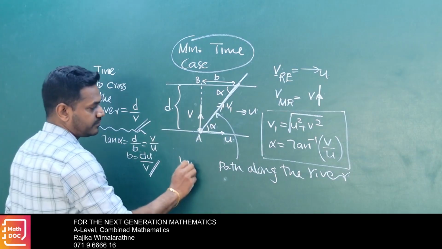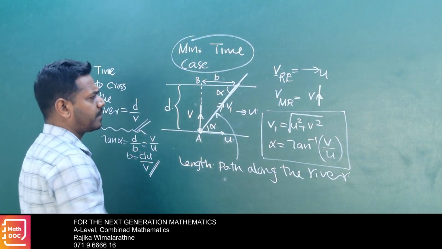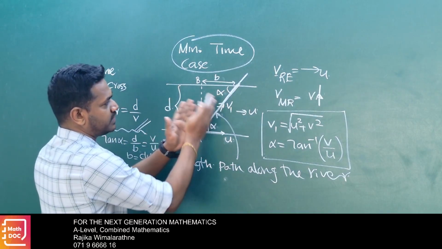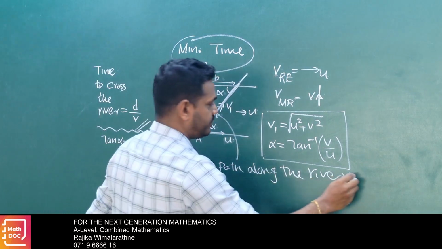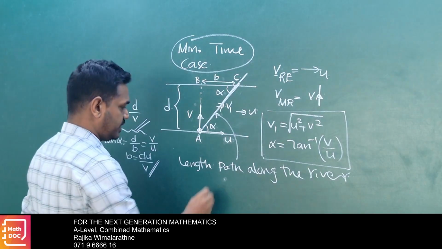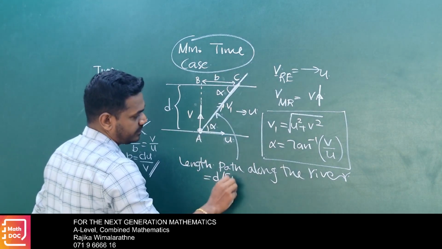Then the length of the path along the river. Here this is alpha, no? This is d. Then you can resolve this one: d over cos alpha. Here this length is d over cos alpha. Let's say this point is C. Then d over sine alpha.